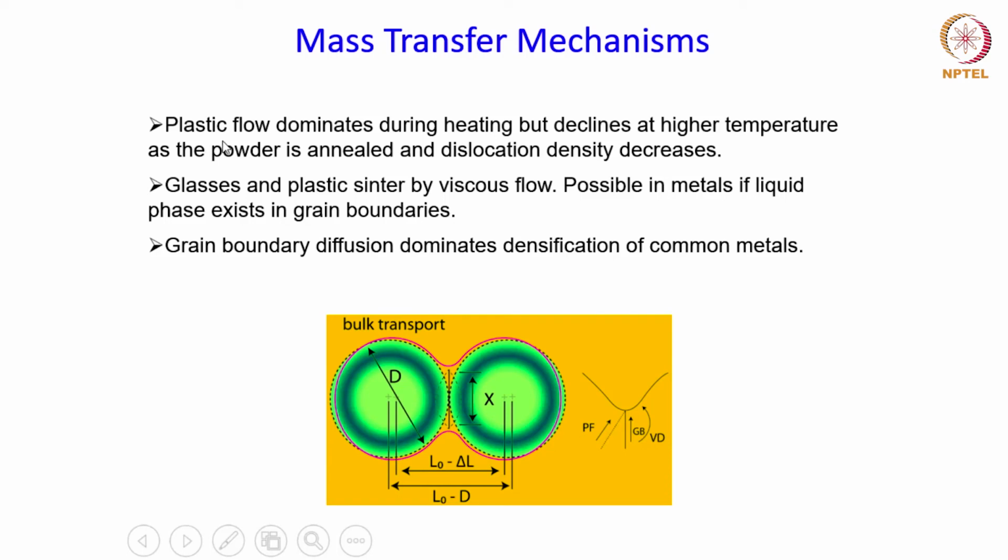And we have seen that plastic flow dominates during heating but declines at higher temperature as the dislocation density decreases. And grain boundary diffusion is a dominant densification mechanism for most of the metals.